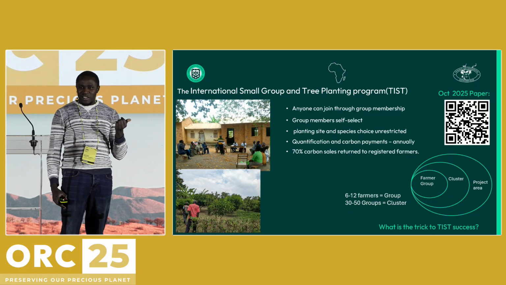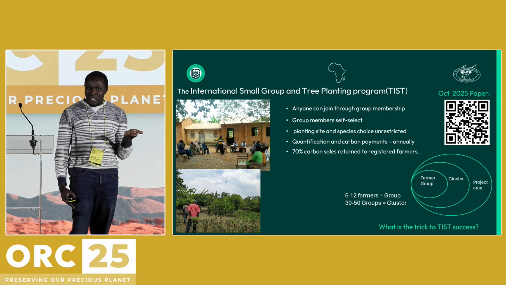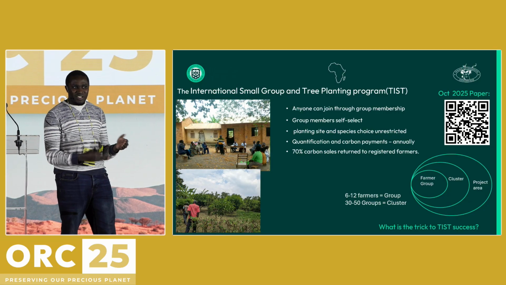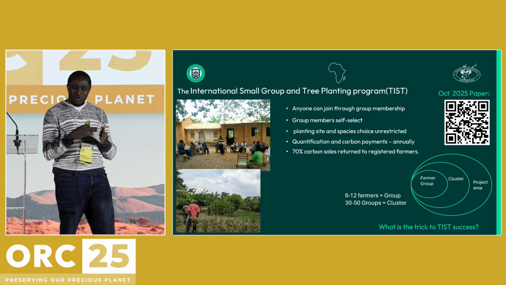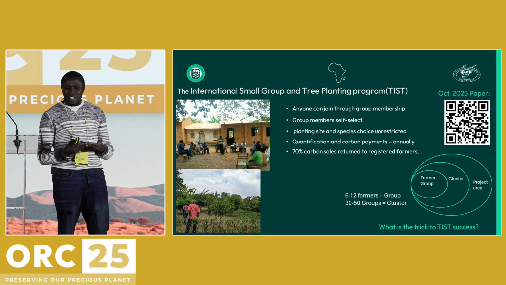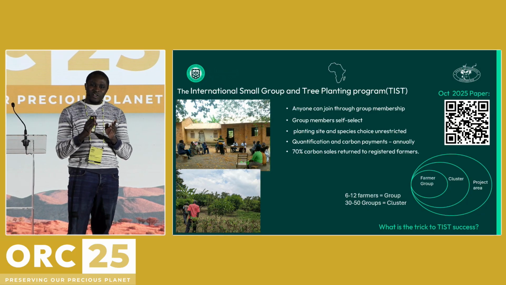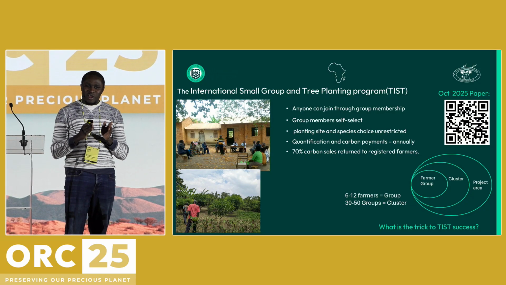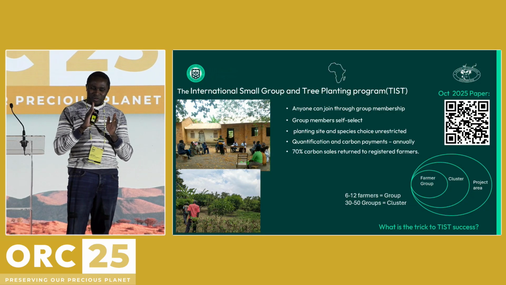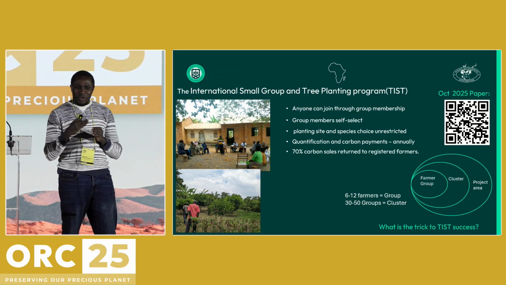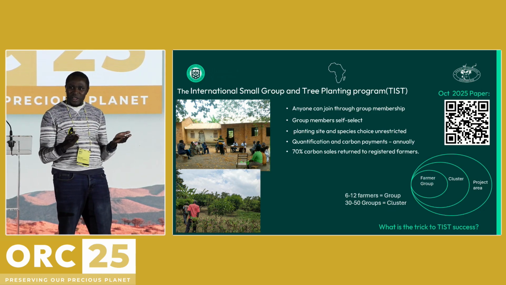And the most exciting bit of that is that it rewards action. So basically, once a farmer has planted the tree, the program starts giving them a fraction of what they would get from the sale of the carbon captured by the tree.